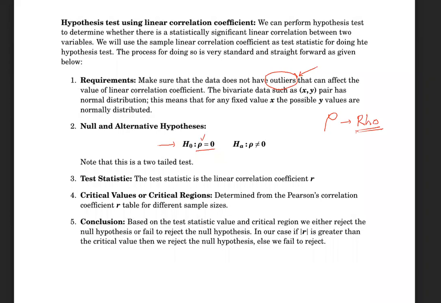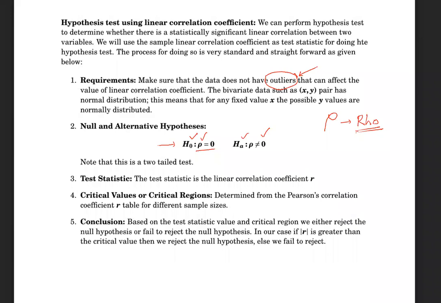Rho is the population correlation, the correlation between these two populations. And on the other hand, rho not equal to 0 means that there is some correlation between these two variables. So this is your null hypothesis, and this is your alternative hypothesis.